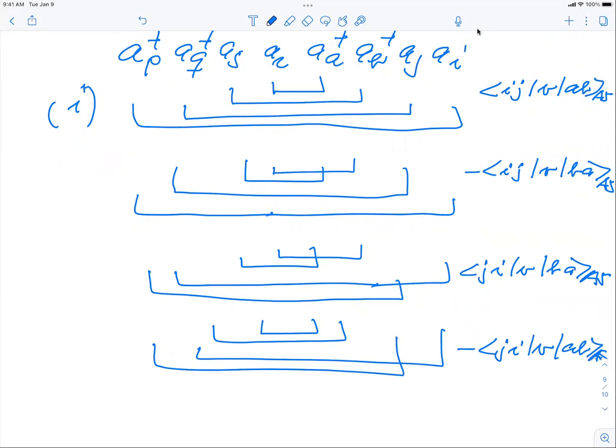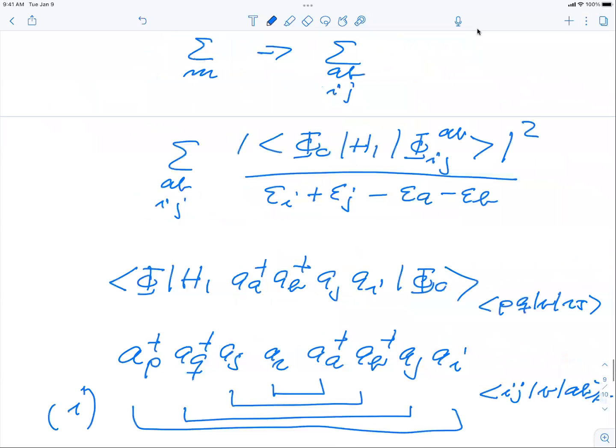And I know that from the properties of these anti-symmetrized matrix elements, if I interchange A and B here, gives a plus sign. If I interchange I and J and B and A, I get back a matrix element, which is IJ, AB. And the same with the last one, summing all of them just gives me 4 contributions. Then what I have to pay attention to is that I have the matrix elements squared.